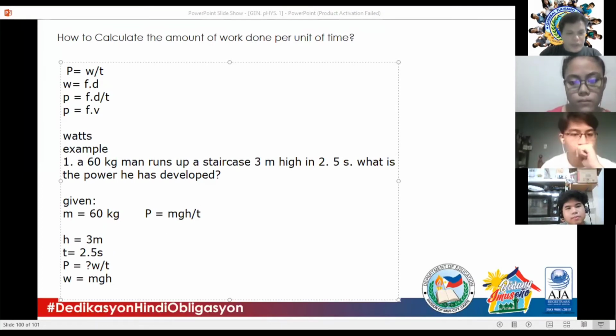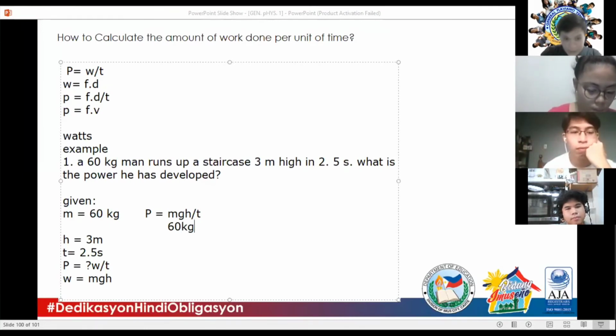So, yung mass mo is 60 kilograms, 60 kilograms times 9.8 meters per second squared times yung height niya. Ano yung height niya? 3 meters.